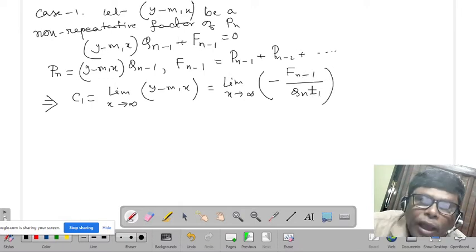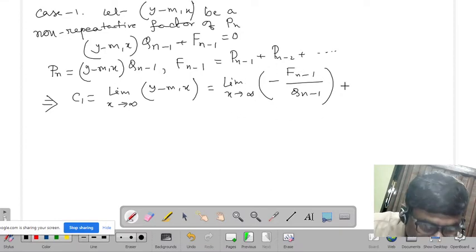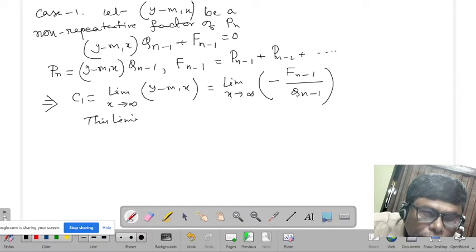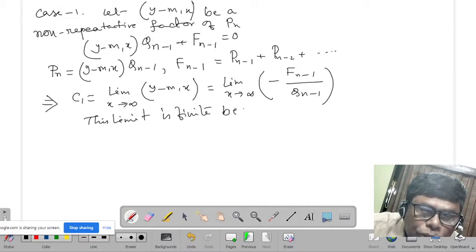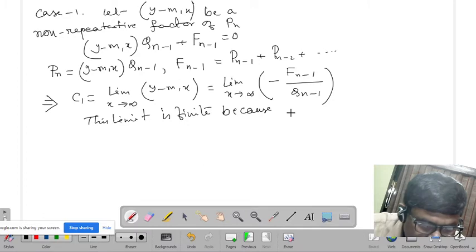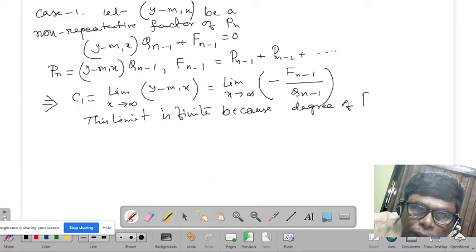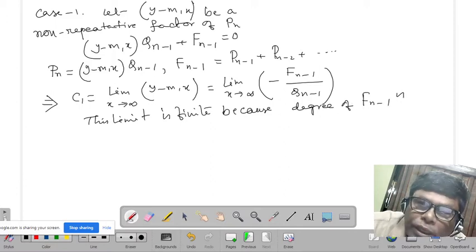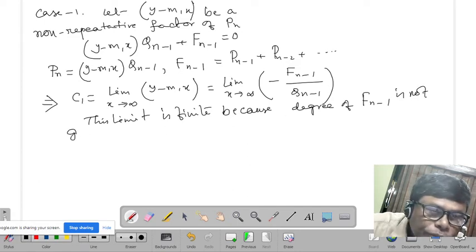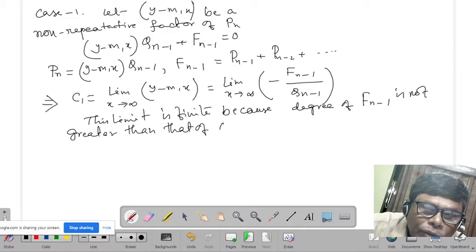Now this limit is finite because the degree of fn minus 1 is not greater than that of qn minus 1.